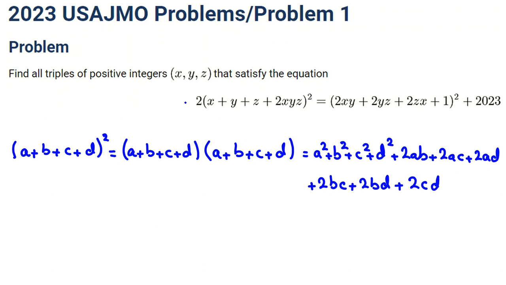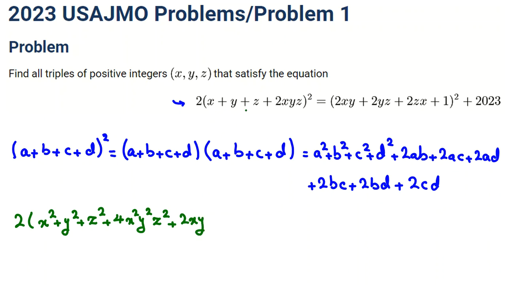Okay, now let's focus on our main equation. I write it as 2 times the left hand side. If you use this, it will be the first one squared, x squared, next one squared, y squared, next one squared, z squared, plus this one squared, which is 4x squared y squared z squared, plus 2 times, like here, 2 times xy, let's focus on this part first: 2xy plus 2xz plus 2yz.